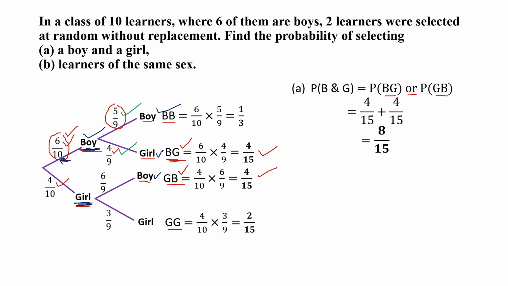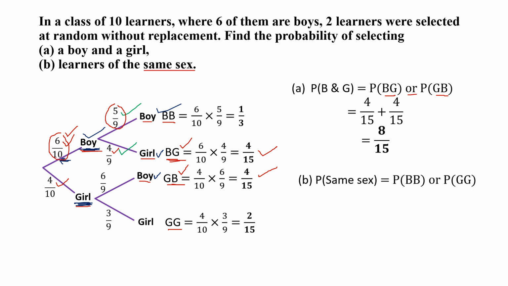Then part B, learners of the same sex. This one is also not specific, right? Same sex means either a boy followed by a boy or a girl followed by a girl. So we also have two possibilities here.